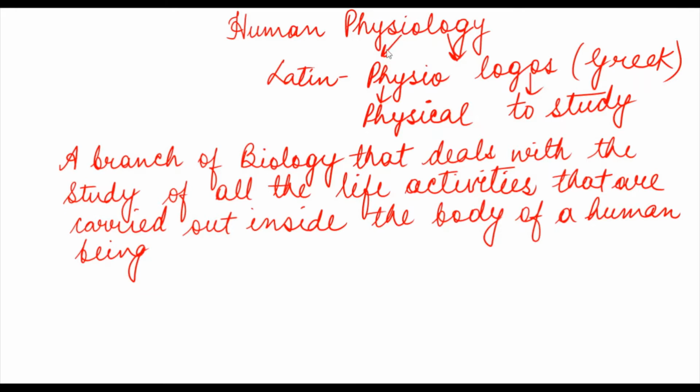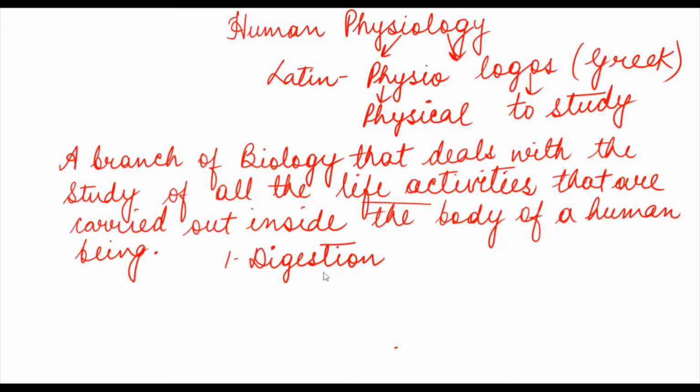deals with the study of all the physiological processes, all the life activities that are carried out inside the body of a human being. Now children, if I ask you what these life activities or life processes are, then there is a long list. The first one in the list is digestion. This is the conversion of complex food into a simpler absorbable form, that is glucose.